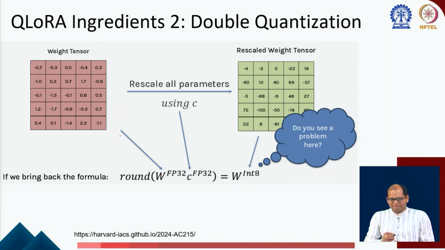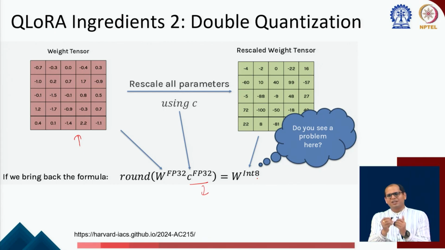So what is the idea? Remember what we are doing through quantization. Suppose this is my original weight tensor. We have a constant. What is the constant?